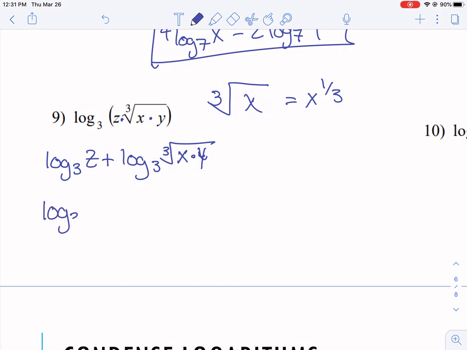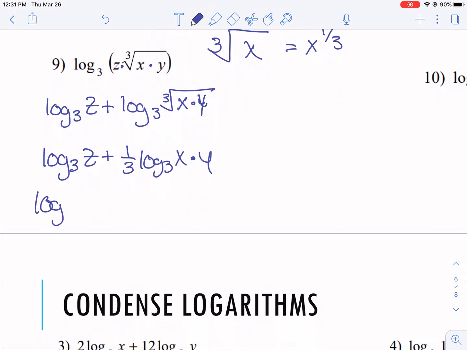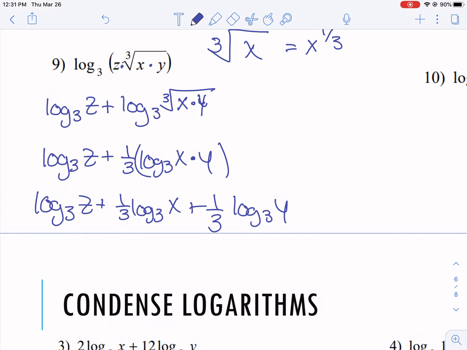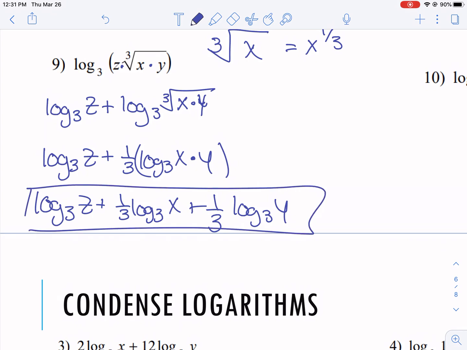So it would be log base 3 z plus 1/3 log base 3 x plus 1/3 log base 3 y. So they are both under that 1/3. So I would expect that you would simplify it that way, okay?